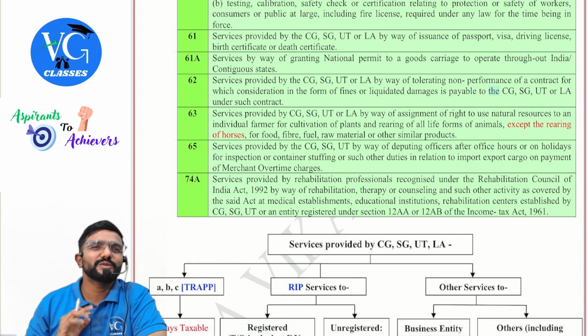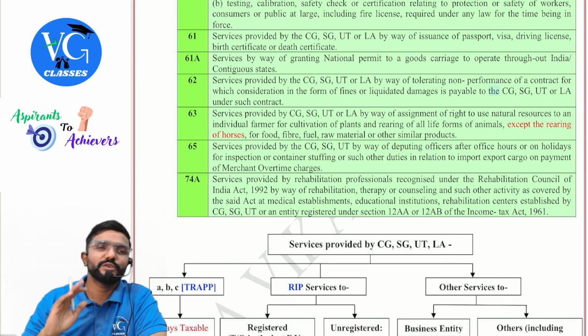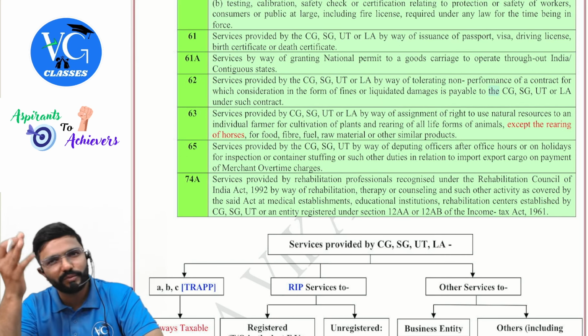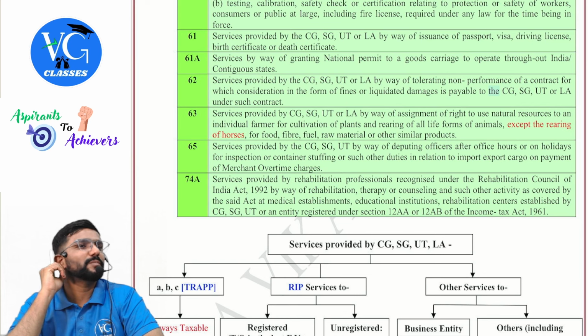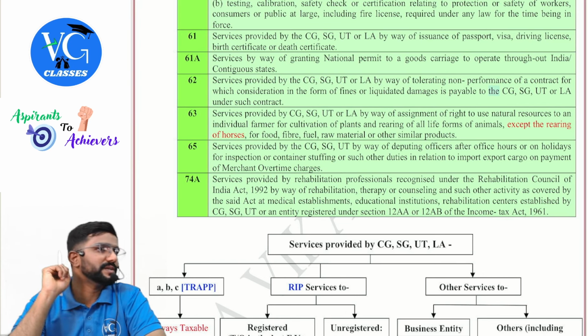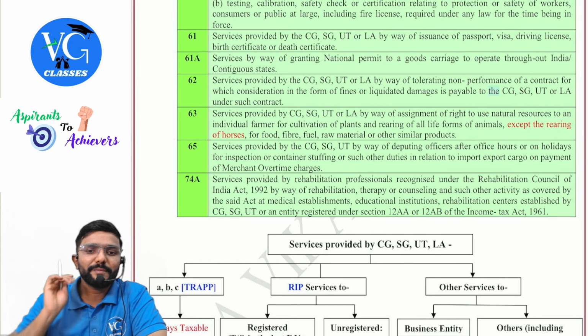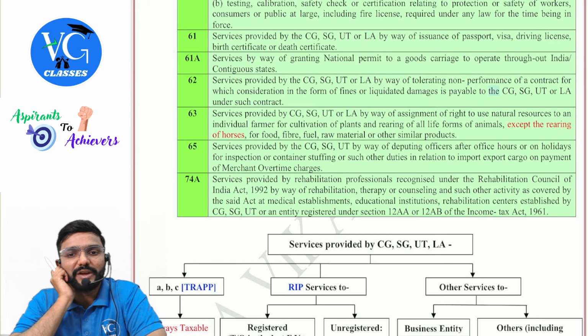Now, what they are telling is use of natural resources, especially water. Every farmer needs it. So to give the connection of water or to provide water, assume they have charged some fees for him. Whom? For individual farmer. Is it exempt under GST? Yes, guys.